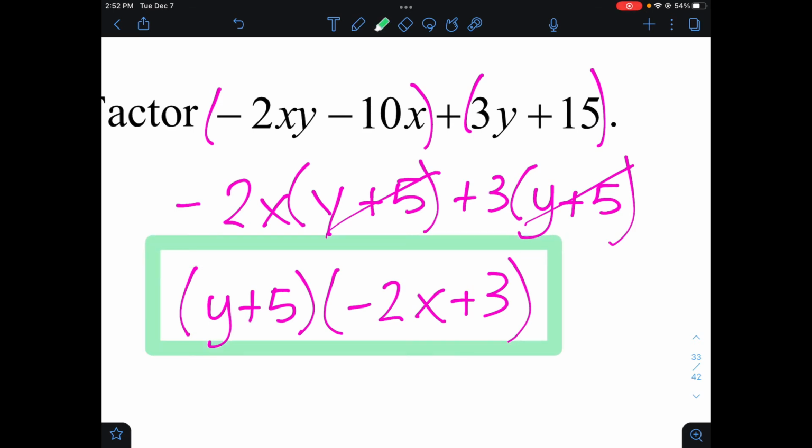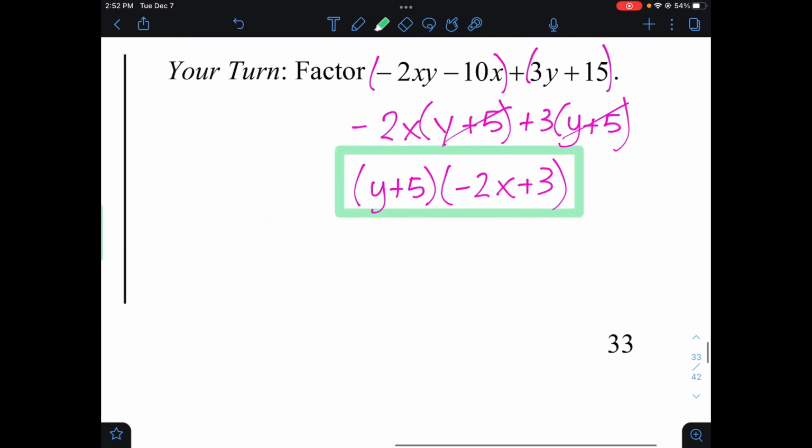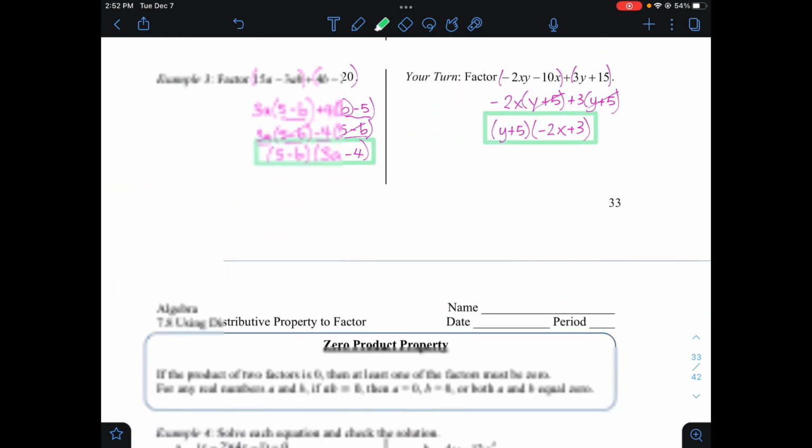There you go. So hopefully you got y plus 5 times the quantity negative 2x plus 3.